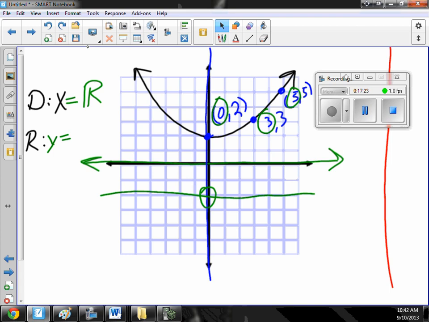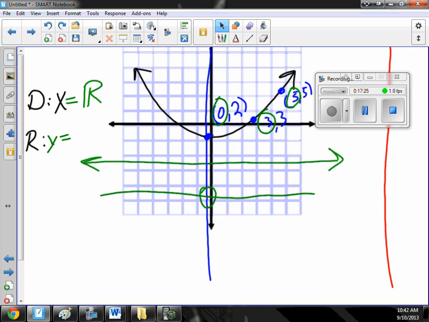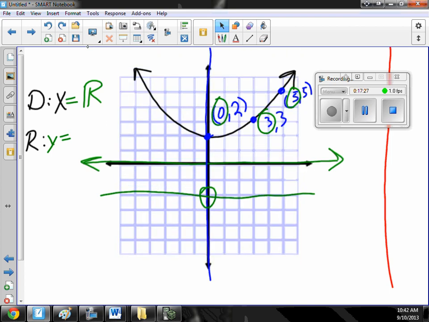Okay? Does this line hit the graph? Everybody see that? These are all yeses, and everything down here is a no. Okay? So we need to describe all of the yeses.